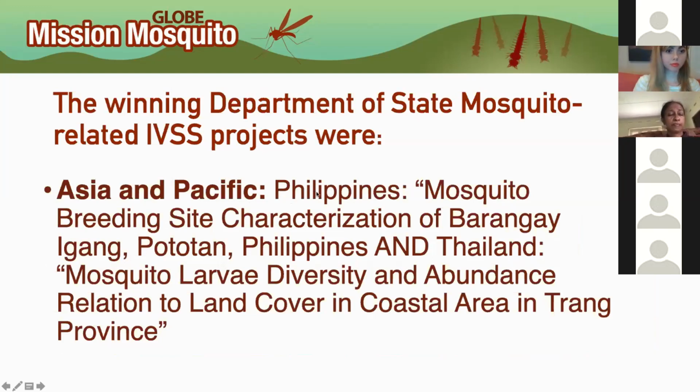So some students from Paraguay, and they did, in the Philippines, a report on mosquito breeding site characterization. And then in Thailand, the winners were those who had done a report on mosquito larva diversity and abundance in relation to land cover in coastal areas in the Trang province. So we do see a lot of really, really fantastic reports coming from those countries.